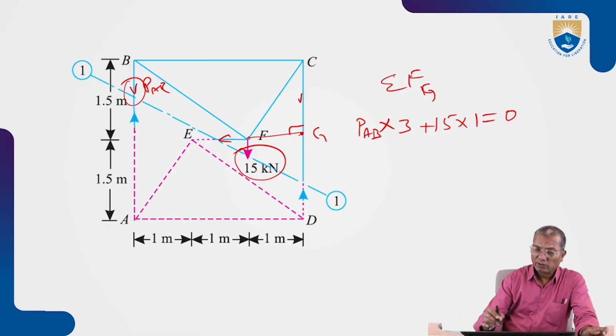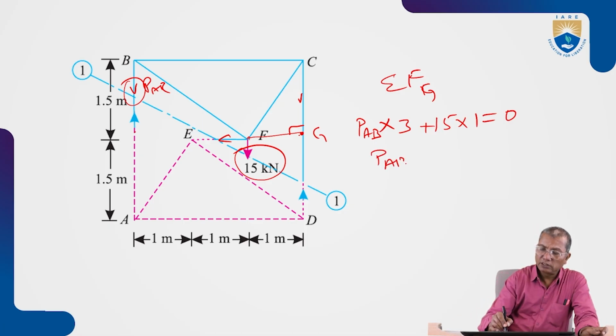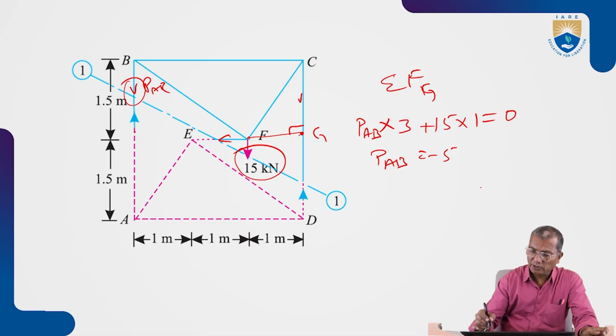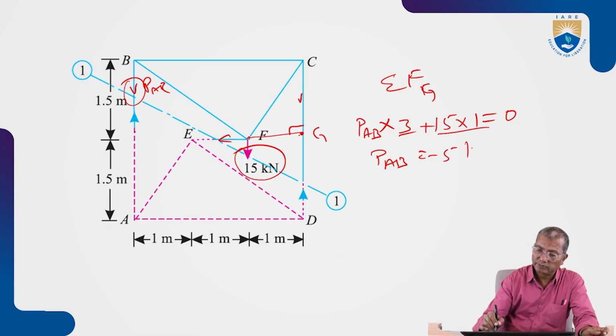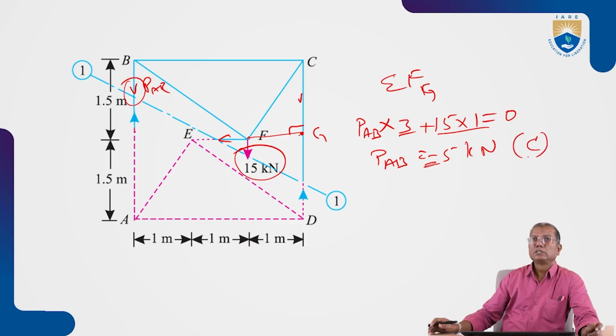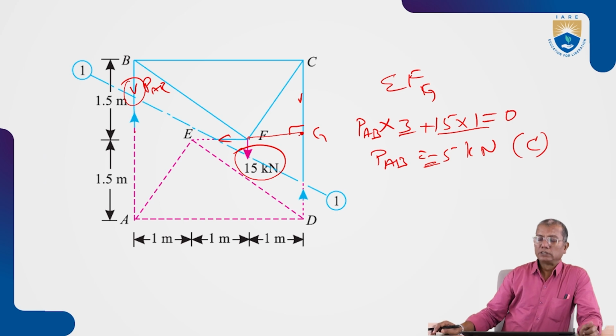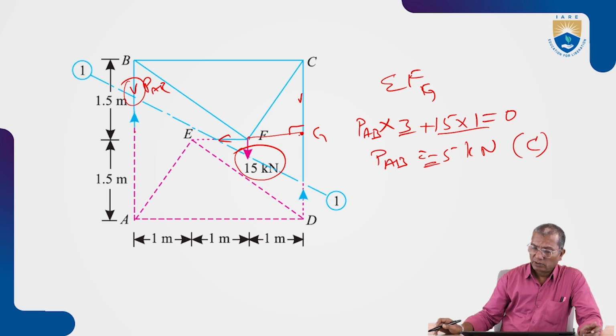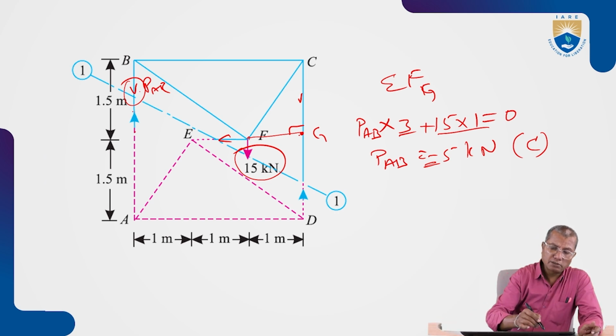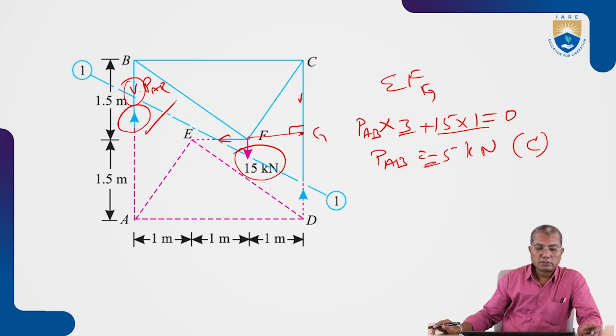It gives PAB is minus 15 by 3, that is minus 5. What does this negative sign indicate? The force is compressive, because we assumed it tensile, but it actually acts towards the joint. That means compressive.